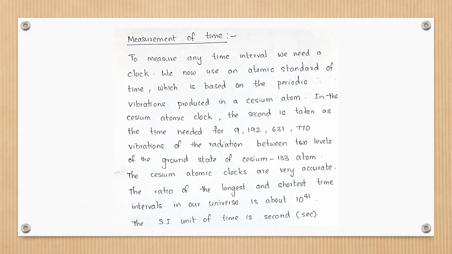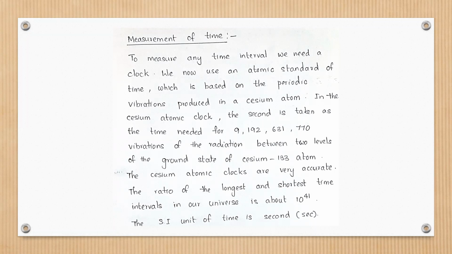Especially children, when you are writing exams, you keep on looking at the clock. Whenever any lecture is going on, generally you look at the clock to see the time. To measure any time interval, meaning duration, we definitely need a clock.